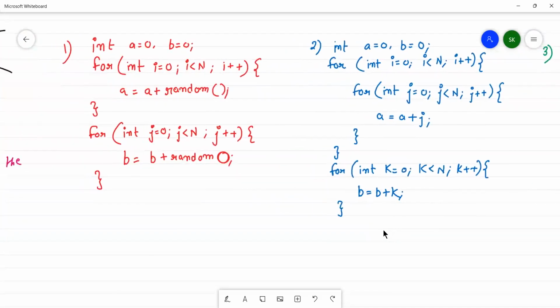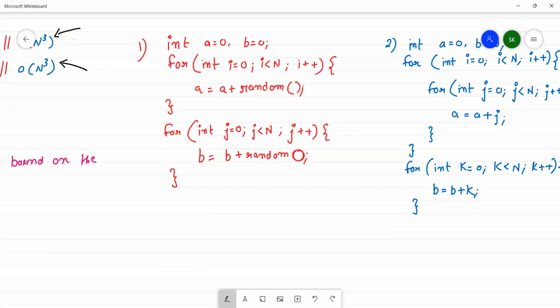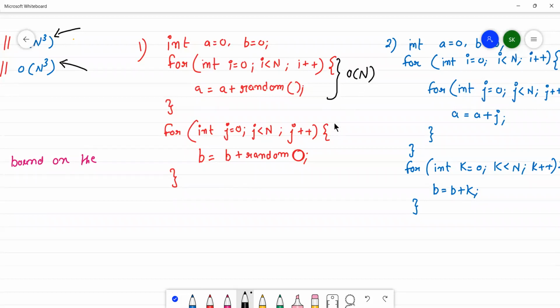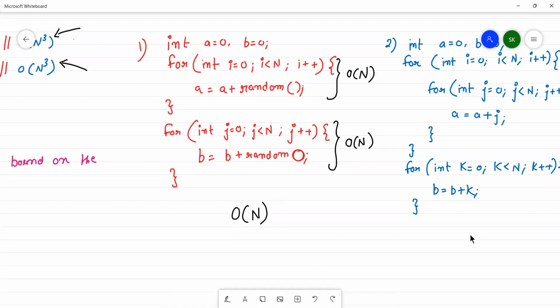So for the first, you all told me the time complexity. What was it? It's very clear. This is going to run for order of n time. This is going to run for order of n time. Overall, it is going to be order of n. Good. Next question.